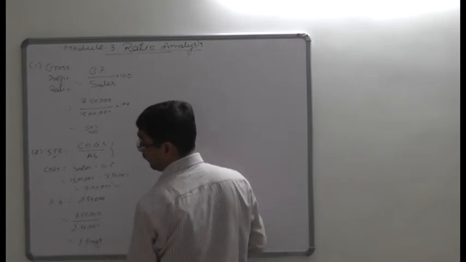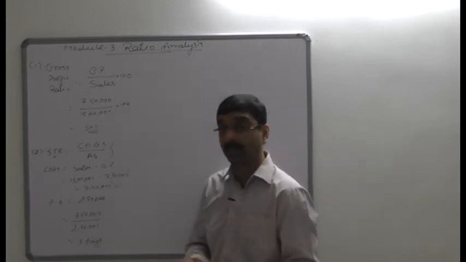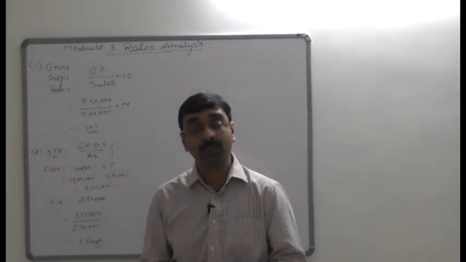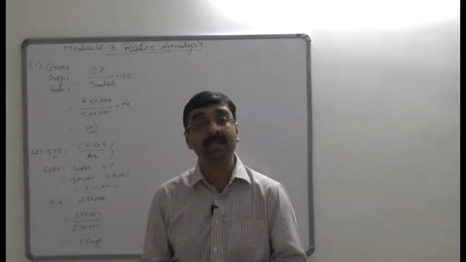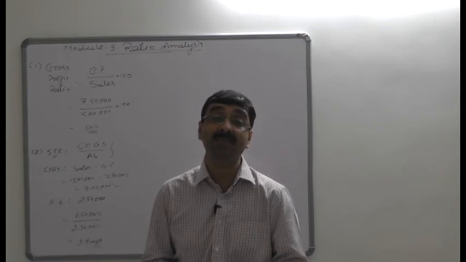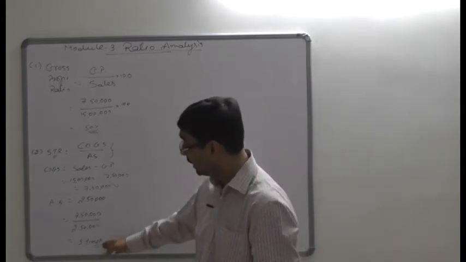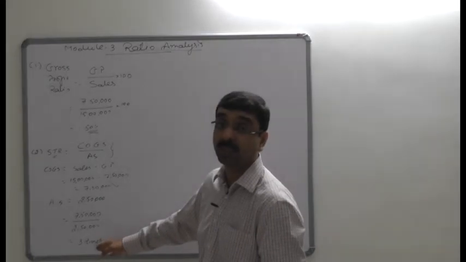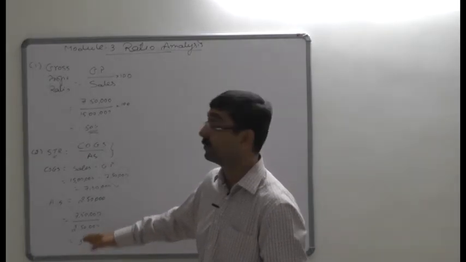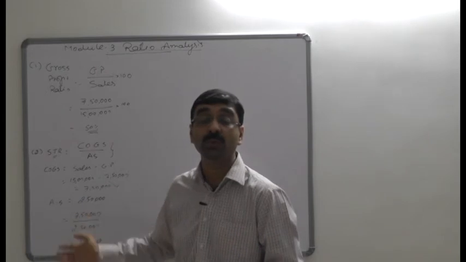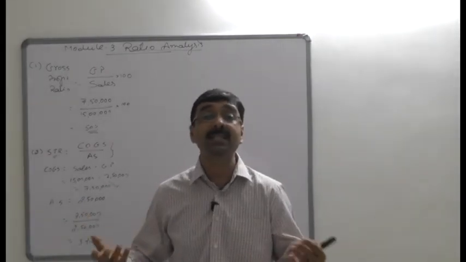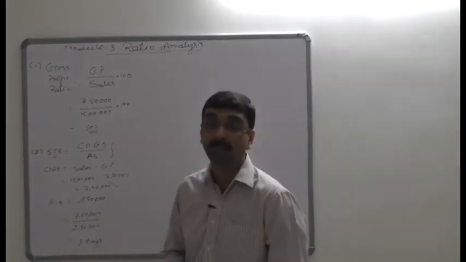As we analyzed earlier, the stock turnover ratio reflects how many times your stock has been rotated in the business in a year. Here you can say that your total stock has been rotated 3 times in a year. So this shows your efficiency in the business.